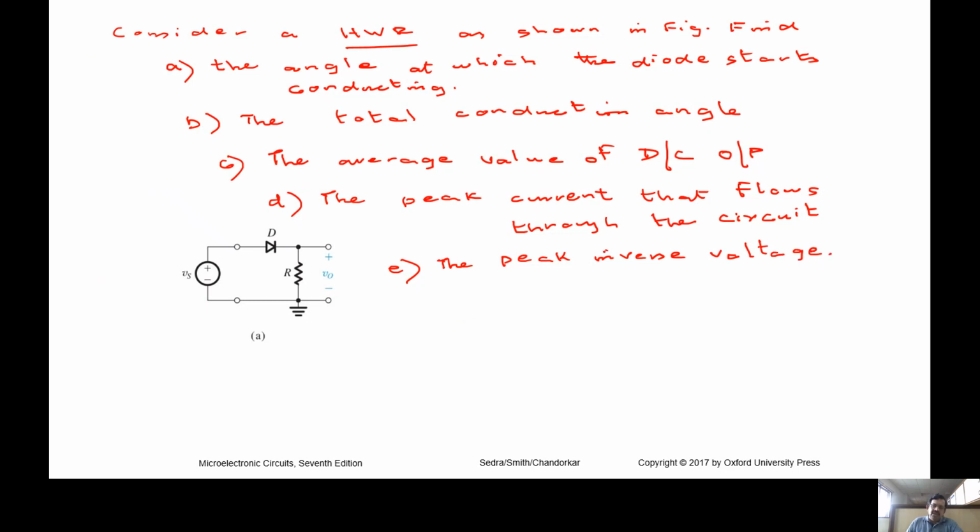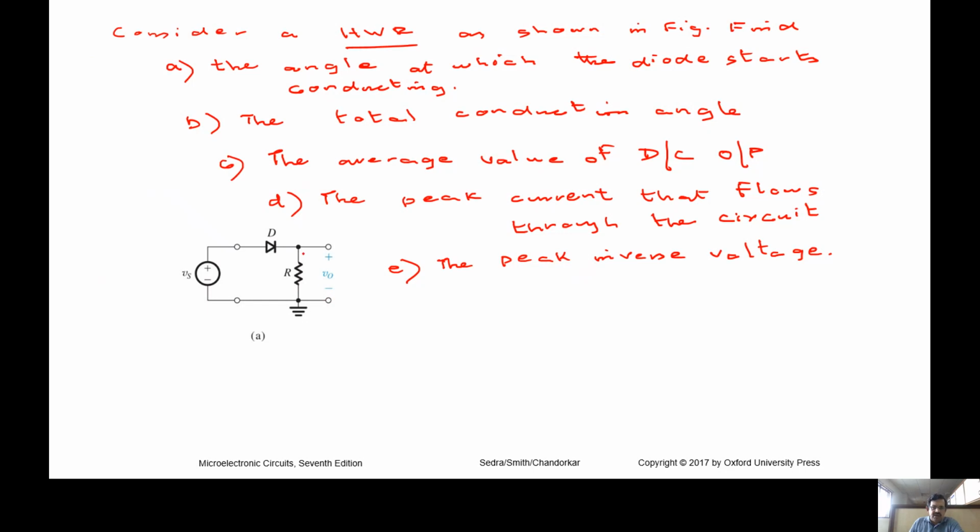This is calculated to ensure that the diode does not enter into the breakdown region, and that we are operating the diode under reverse bias, far away from the breakdown region. In other words, we do not want conduction to happen when the diode is under reverse bias. So let us assume the constant voltage drop model and try to find out this answer.